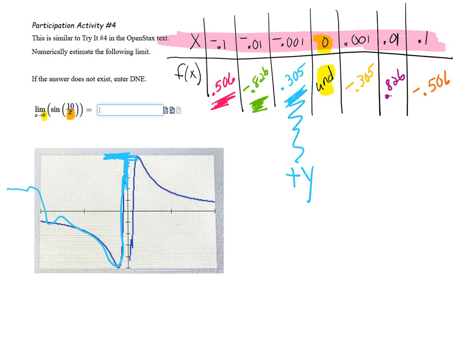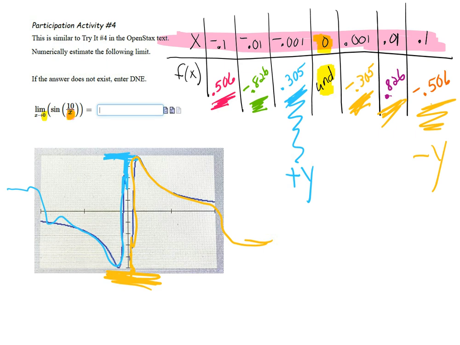And then when you look at the other side, it starts down below, then it goes above, and then down below again, and up, and down, and up, and down, and then it keeps going down this way, but it's definitely in the negative y range.